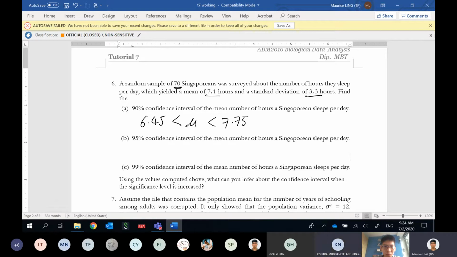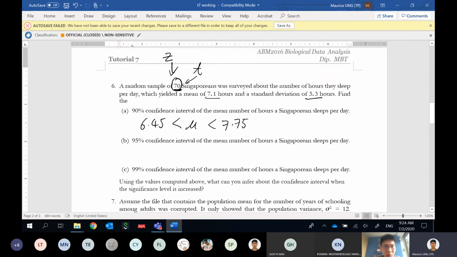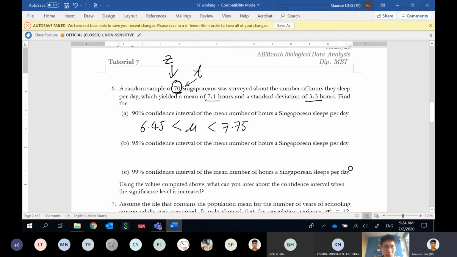Although if the sample is more than 30, you can use the Z distribution table, because when it is more than 30, T and Z become very close. You will end up with maybe the third or fourth decimal place different, but you still get the correct answer in that sense.